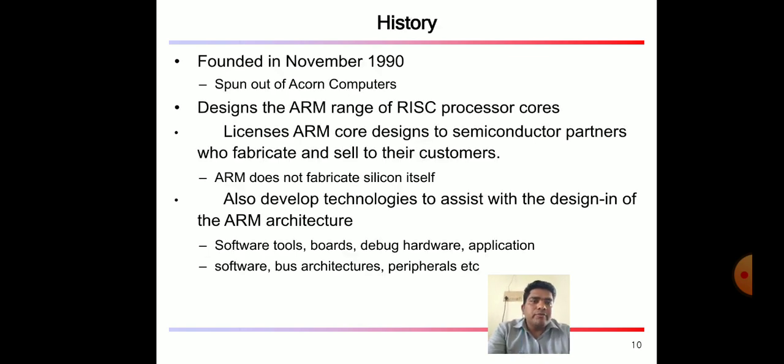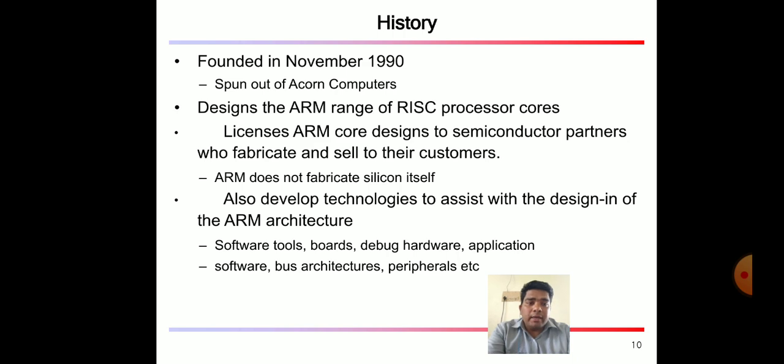And coming to the history of ARM, founded in November 1990, spun out of Acorn Computers, and designed the ARM range of RISC processor cores. As I already said, it mostly licenses ARM core designs to semiconductor partners who fabricate and sell to their customers. ARM does not fabricate silicon itself.